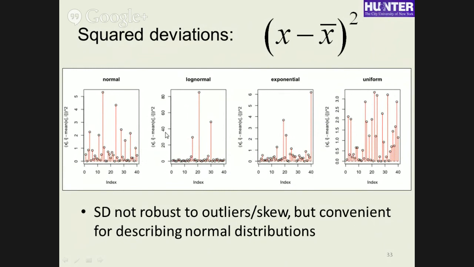Now they all go up, the squared deviations. And in the data sets that had some skew and some outliers, those outliers become even more extreme. So that's the important thing to know about the standard deviation: because it's the square of these deviations, it's really quite sensitive to outliers, because the difference from the mean gets squared and it exaggerates it.